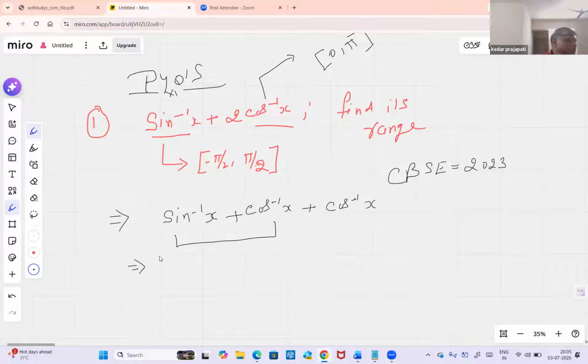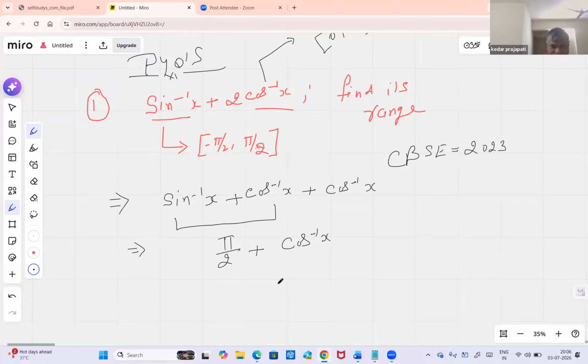Sine inverse x plus cos inverse x is how much? Pi by 2. Pi by 2 plus cos inverse x. Now we cannot further simplify. So this is a constant quantity, and this is still in inverse form.